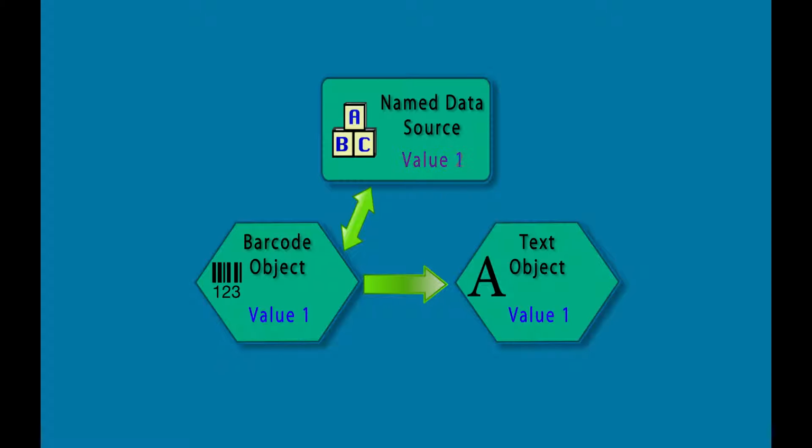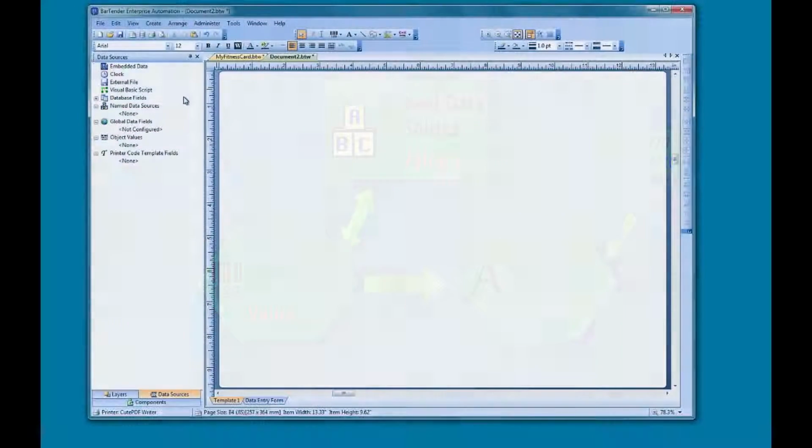Any changes made to the original data source will be reflected in the object value data source. However, making changes to the object value data source will not alter the original data source. In fact, the only way to make any changes to the object value data source is by using a transform or changing the data type, and that will not affect the original data source in any way.